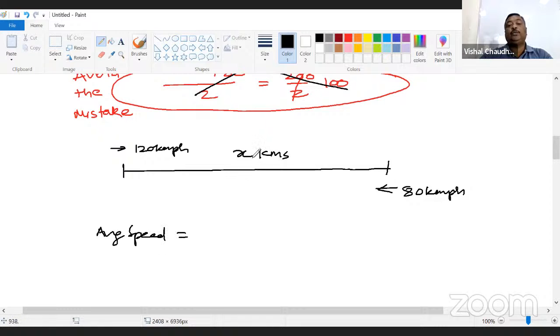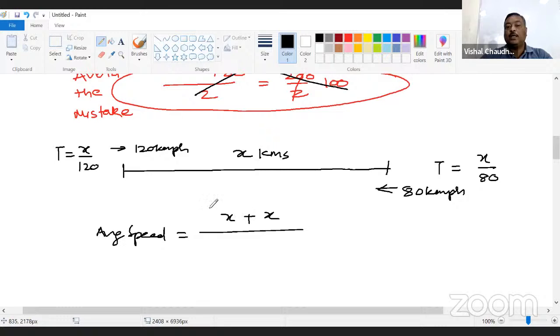Average speed is total distance, so it will be x plus x. Now distance is given, speed is given, so I can take out the time. Time will be distance by speed, x by 120. Here the time will be x by 80. So total time will be x by 120 plus x by 80.